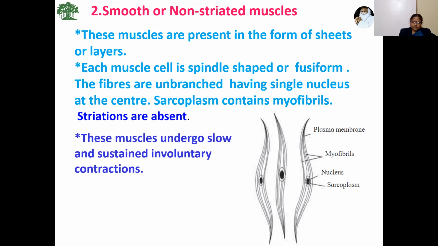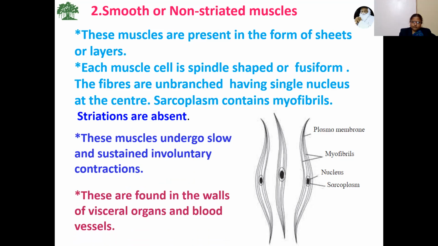They are smooth muscles. They are non-skeletal muscles, not attached to bones, and they are involuntary in action. Their contractions are slow and prolonged so they do not undergo fatigue. They are present in the visceral organs, blood vessels, and the urinary bladder.